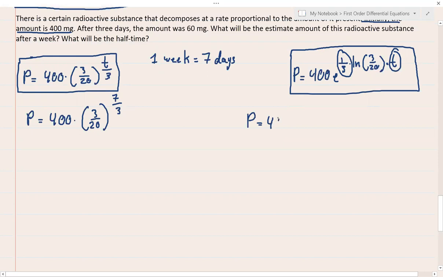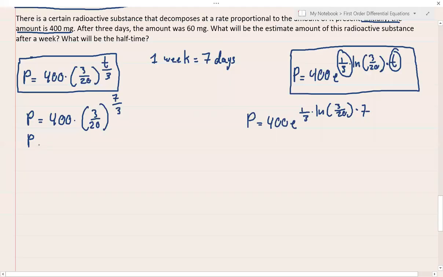I hope they're the same, which I believe they should be kasi ako nag-simplify nito. ln of 3 all over 20 times 7. Okay, let's use our calculator. All right, so as always, they're actually the same. So, para sila ng sagot.